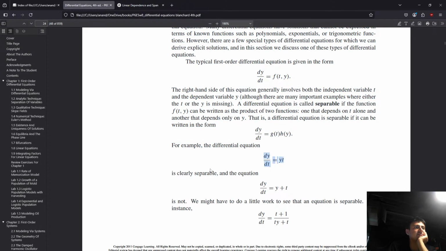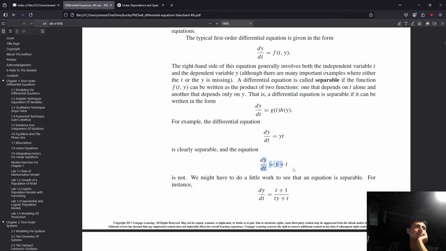It's clearly separable. However, this is not separable because you can't write y plus t as a form of f of y times g of t, or however they had it, g of t, h of y, whatever. But you can't do it. Now this one, I think is, because you got t plus 1 over t times y plus 1.